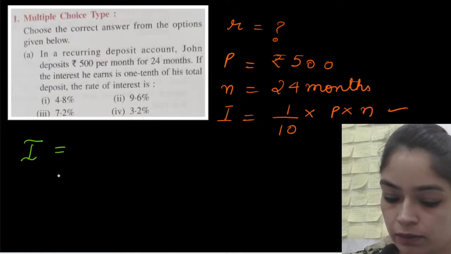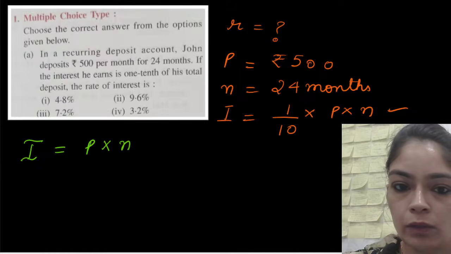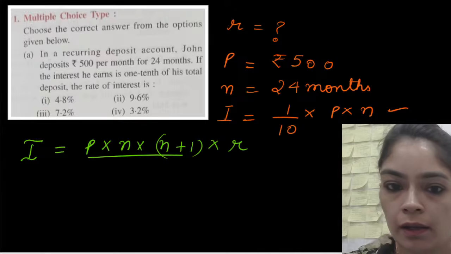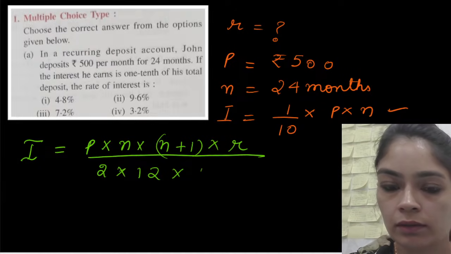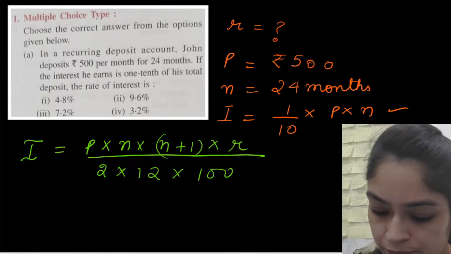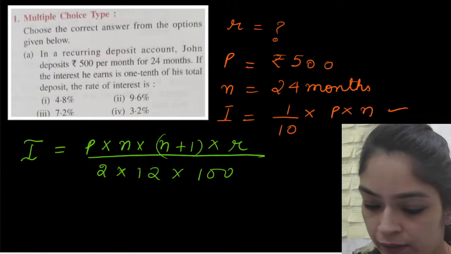So I is equals to P into N plus 1 into R by 2 into 12 into 100. It's not PTR by 100.